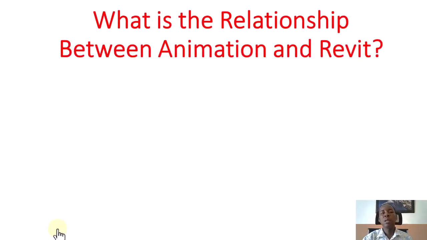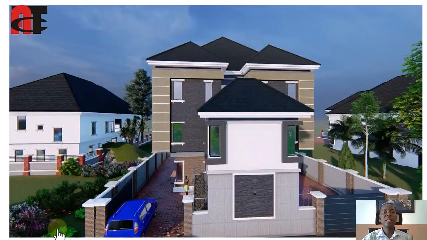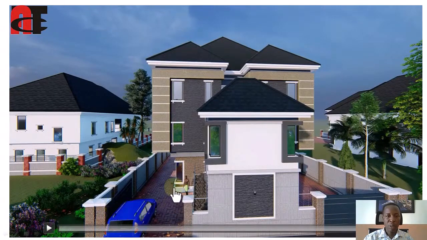All right? What is the relationship between animation and Revit? It is very simple. We use Revit to model our 3Ds, while we use Lumion to produce high quality rendering and animations. All right? This is one of my exterior animations. The one I showed you before was an interior animation. Now this is an exterior animation.